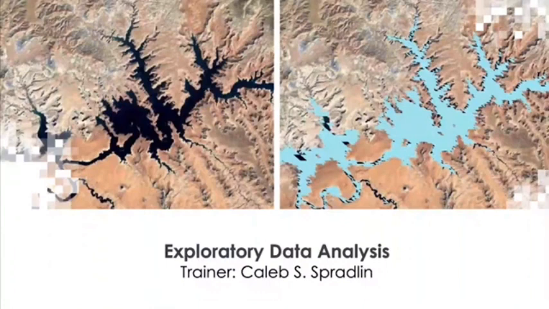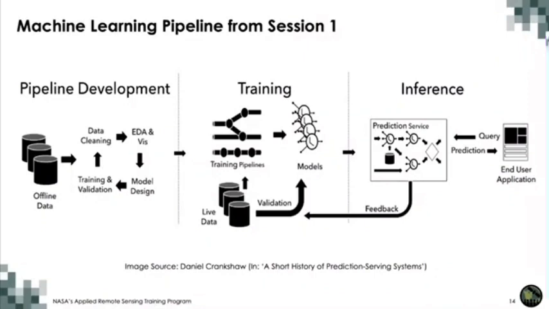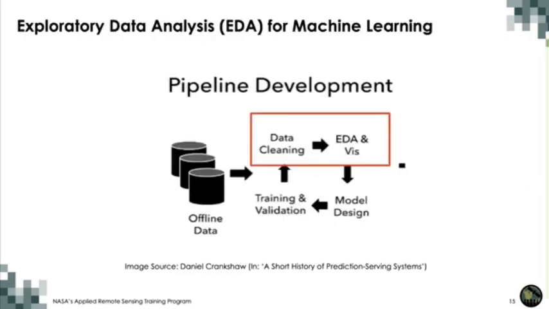Now we will look at exploratory data analysis. In the first session, Jules showed us this wonderful diagram of the machine learning pipeline. Here we will focus on a subsection of this pipeline. Exploratory data analysis, or EDA, is a critical step in this pipeline.